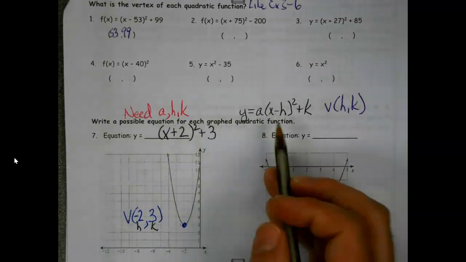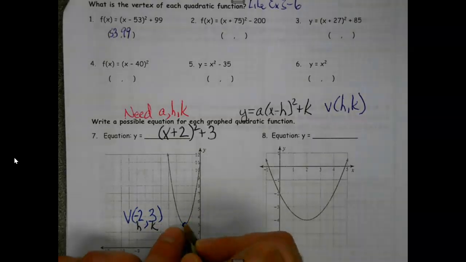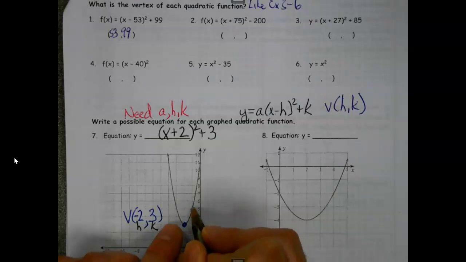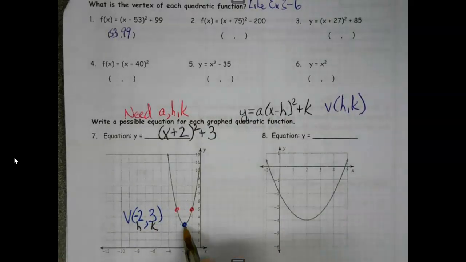Okay, what's this A thing? Oh, the stretch. Okay, so how do I do the stretch? I'm going to start from here, and if I start to follow my parabola, I'm going to follow it until I find the next points that are going right through the crosshairs of my graph.